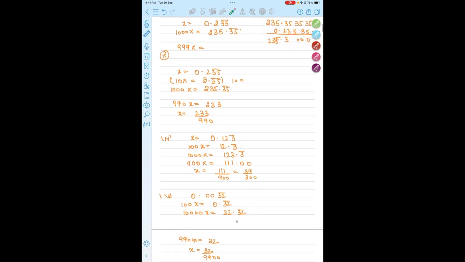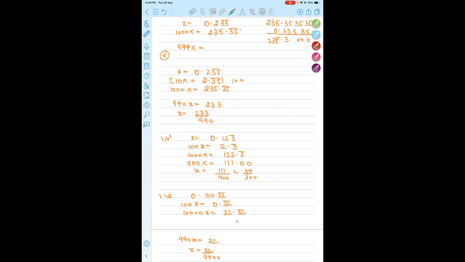So what we can do here is, firstly x is equal to 0.235 bar, so 10x will be 2.35 bar. Now 1000x will be 235.35 bar. If I subtract this and this, then I'll get 990x is equal to 233, and now x will be written as a rational number since q is not equal to 0.